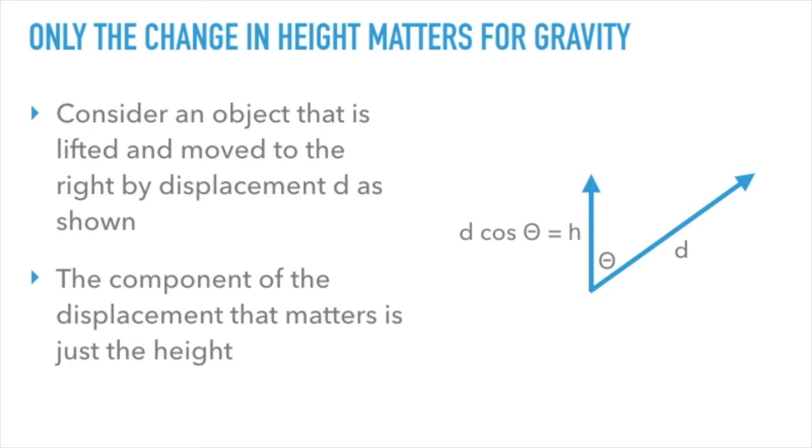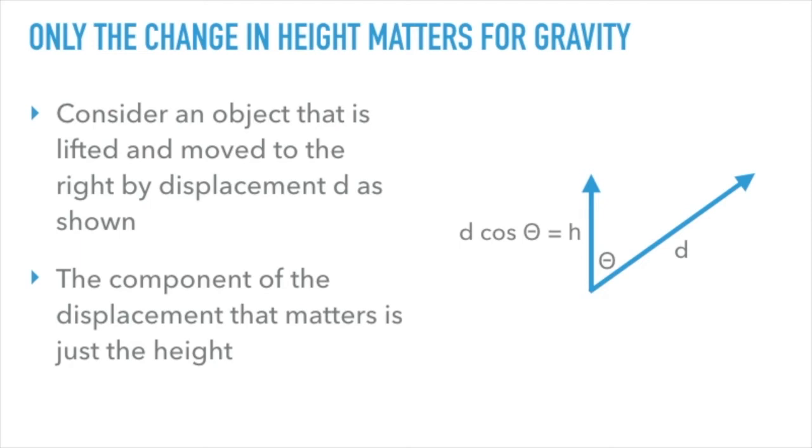My force is always vertical, so I want this component of the displacement. If the angle here is theta, then d cosine theta is going to give me the height. Don't confuse it with the hypotenuse, unfortunately the same letter. But the height here is going to be d times the cosine of theta.